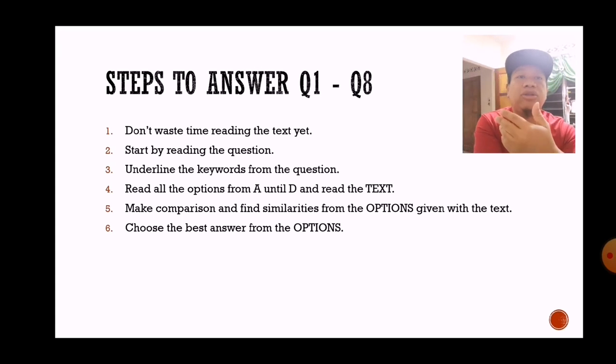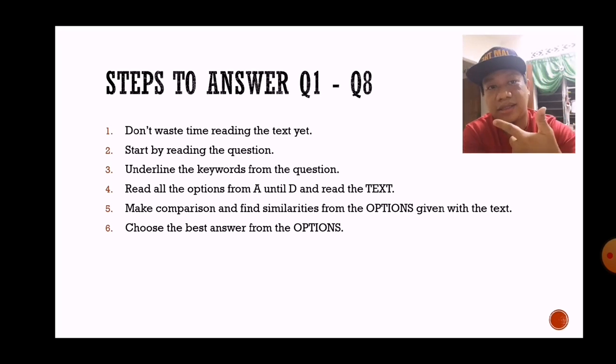If you decide to shoot B, all 8 questions are B's. The same goes with C and D. I hope you understand what I meant. So you have to make a choice of the same option from the first question until the rest of the questions. Alright, let us continue back with the steps to answer.